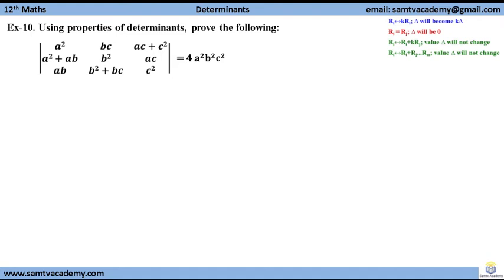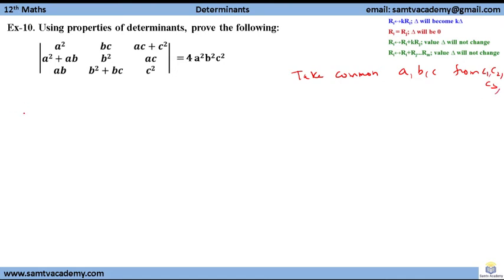In this, first we will take A, B and C common from the columns. Take A, B, C common from C1, C2, C3, from each column.